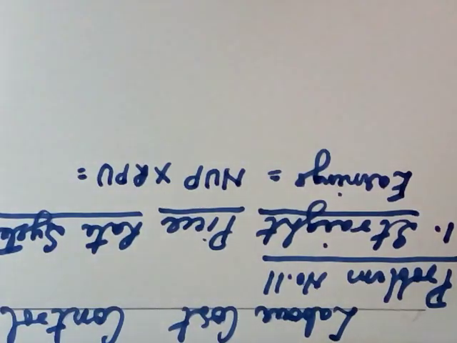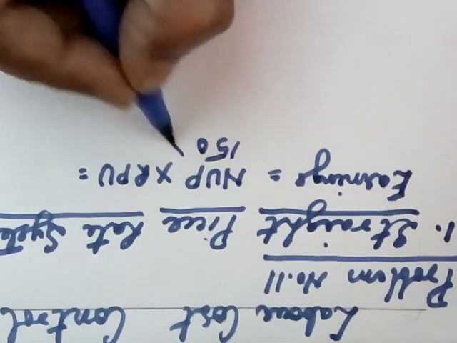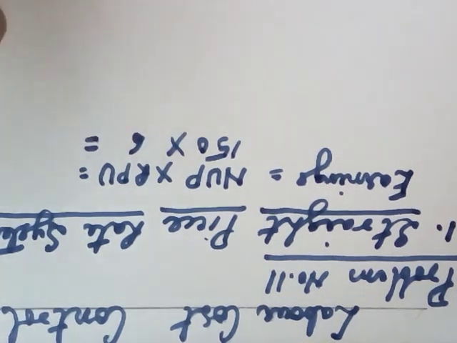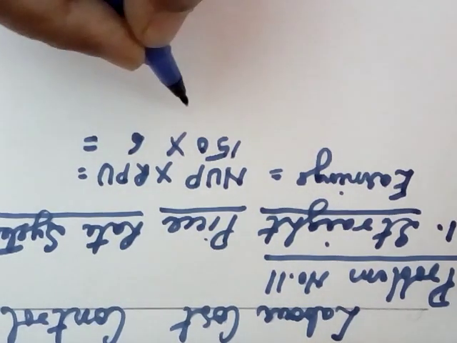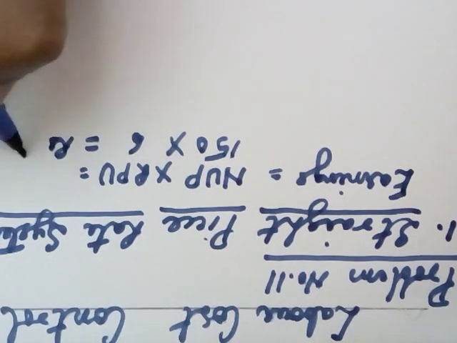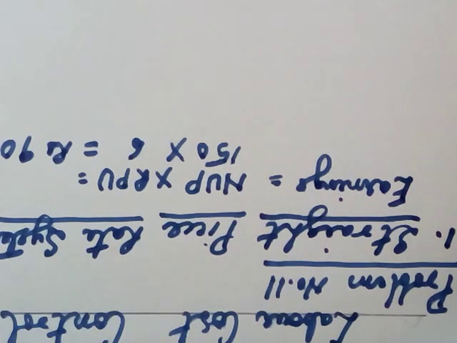The number of units produced given in the problem is 150 units into rate per unit 6. 150 into 6 comes to rupees 900, which is the earnings of a worker.